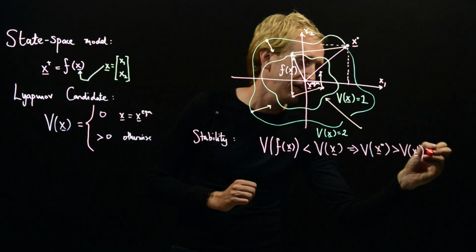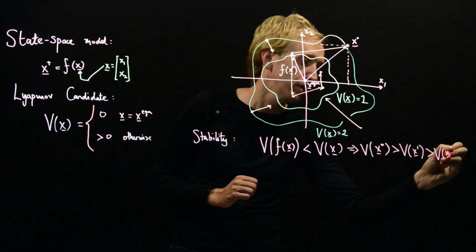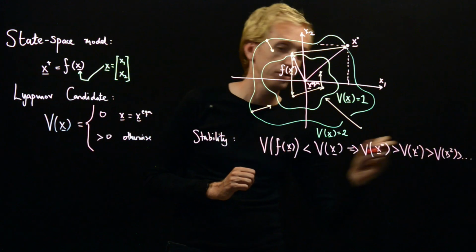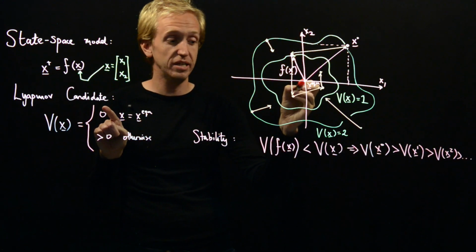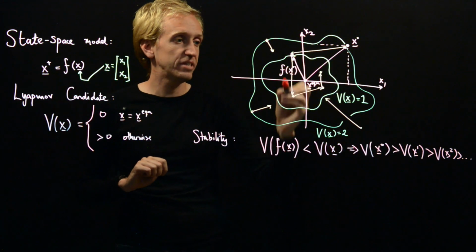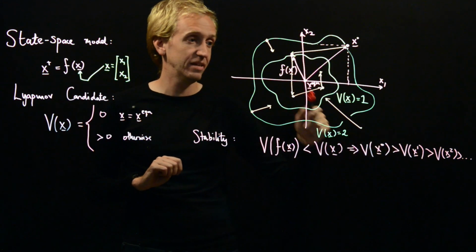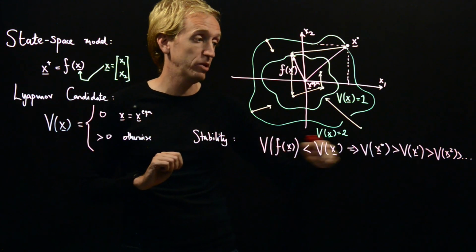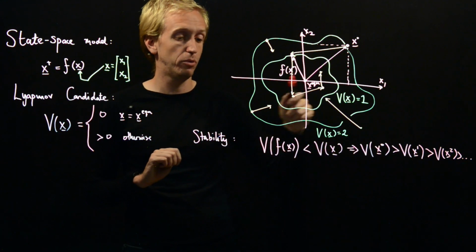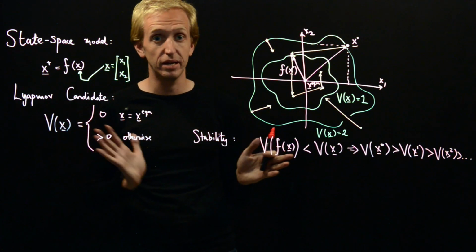And then the step after that, we're also at a lower level. And so on, and so on. And since the equilibrium point is the only point that's been assigned value 0, this means that along every single trajectory, we must eventually be tending towards our equilibrium point. So this is how we would demonstrate an equilibrium point is stable using a Lyapunov function.